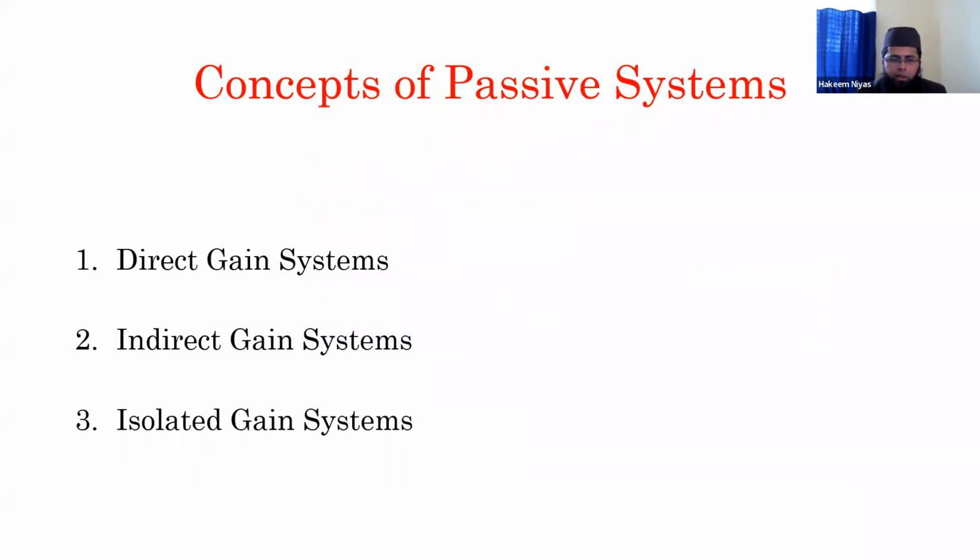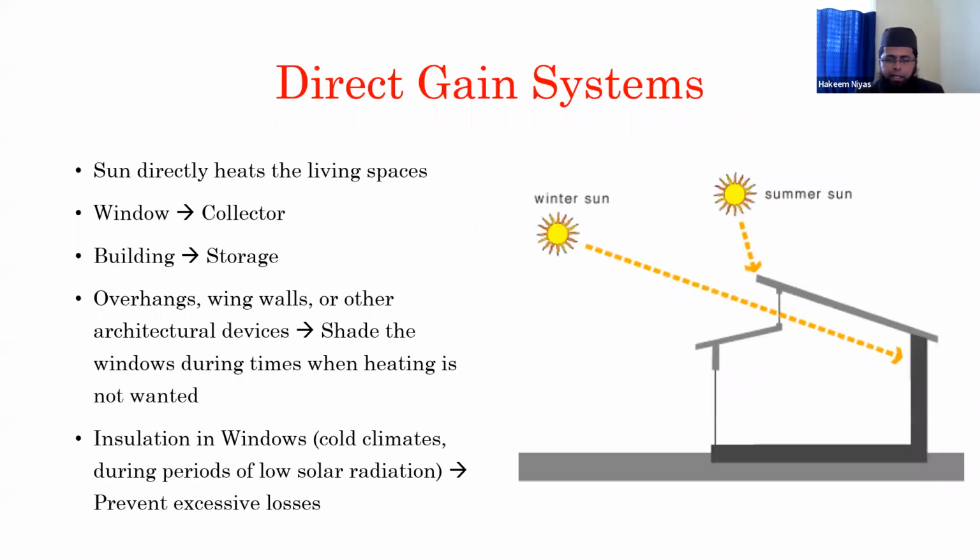There are three concepts of passive systems: direct gain, indirect gain, and isolated gain systems. For direct gain, you can recollect the first slide. This is what is called direct gain. The sun directly heats the living space.